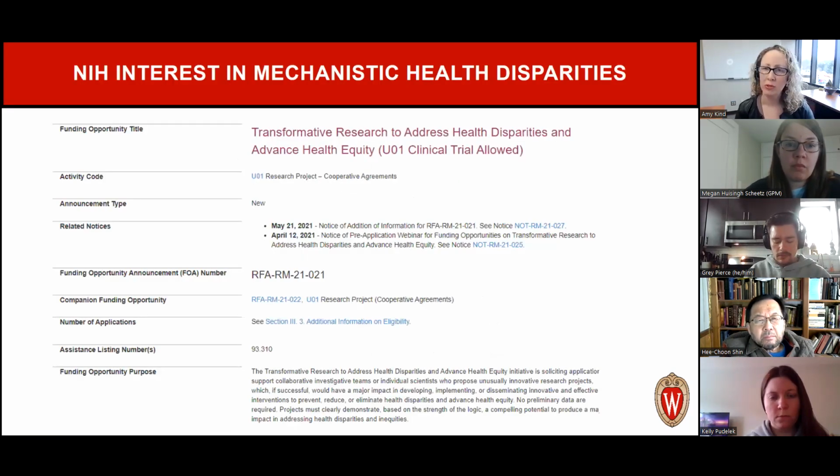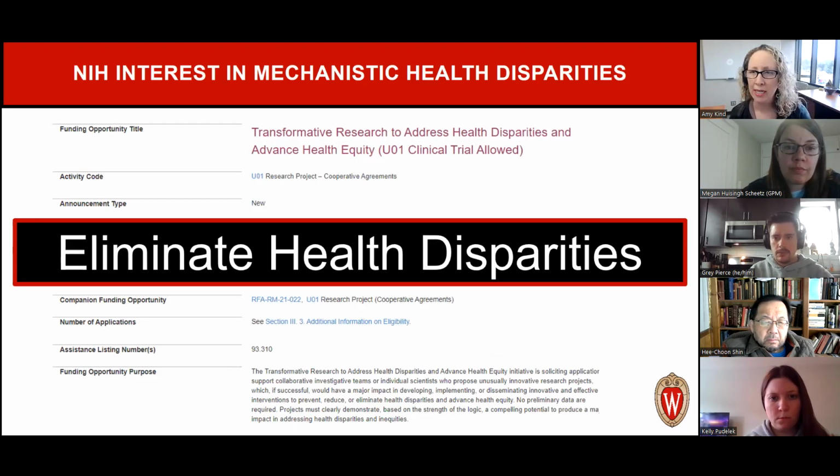I could have pulled many, many different RFPs that touch on this issue. But if you look at most of the health disparities RFAs that are out there from the NIH, you will see these words: eliminate health disparities. And that is ultimately the goal of a lot of this mechanistic health disparities research, is not just describing the problem, but moving us closer towards real world solutions by understanding underlying mechanisms and then tailoring interventions to address those mechanisms.